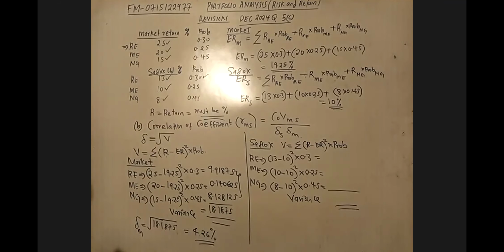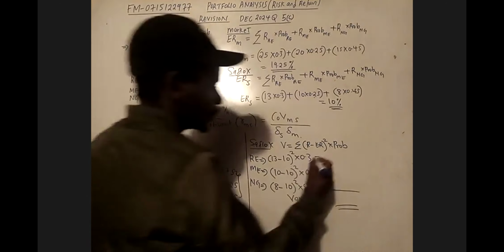So 13 minus 10, squared. Then you multiply with 0.3. Sorry, 13 minus 10 is supposed to be 13 minus 10 squared, which is 9, times 0.3, which is 2.7.